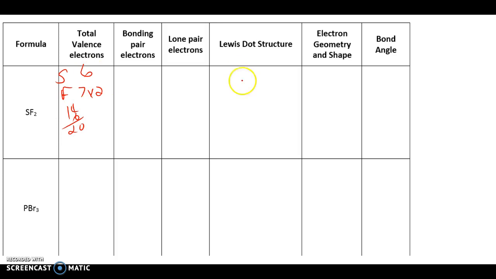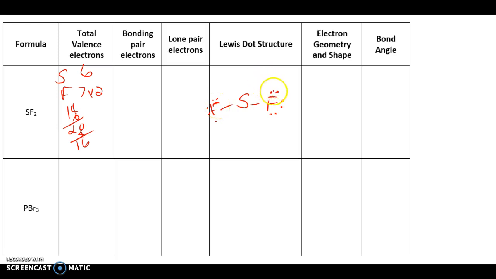So let's start our Lewis structure. That will be the middle. Let's see what I have here. All right. I have used so far 2 bonds or 4 electrons. I'm left with 16. Well, let's see. I'm going to put an octet on my fluorine because they need their octets, right?